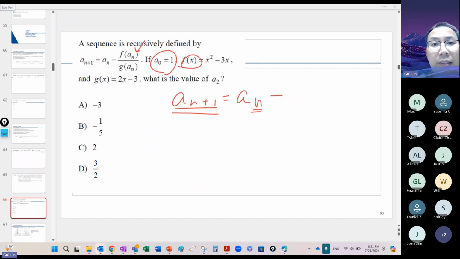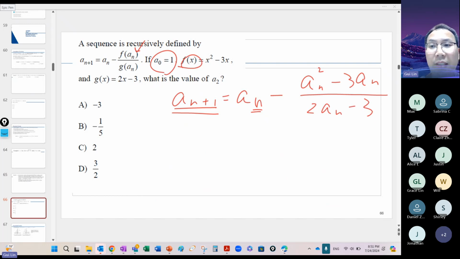So we just replace it with a n. The top became a n squared minus 3 a n, and the bottom one is 2 a n minus 3. A very complicated kind of situation.